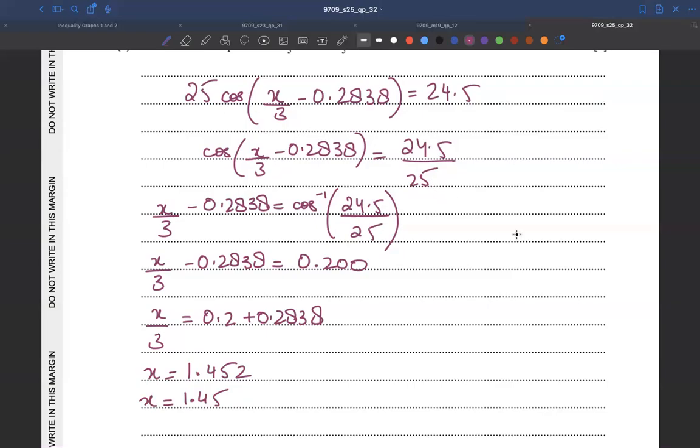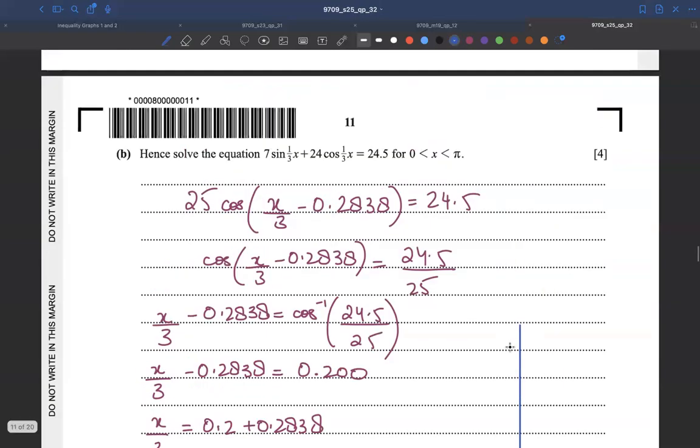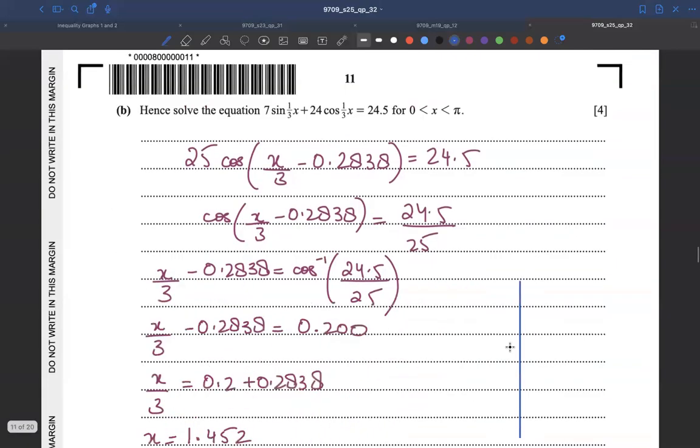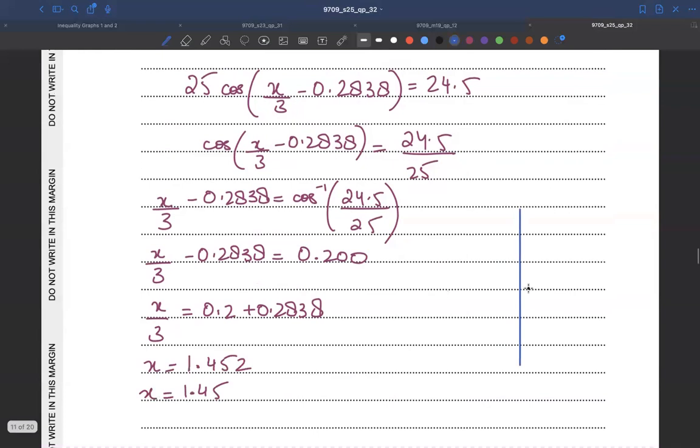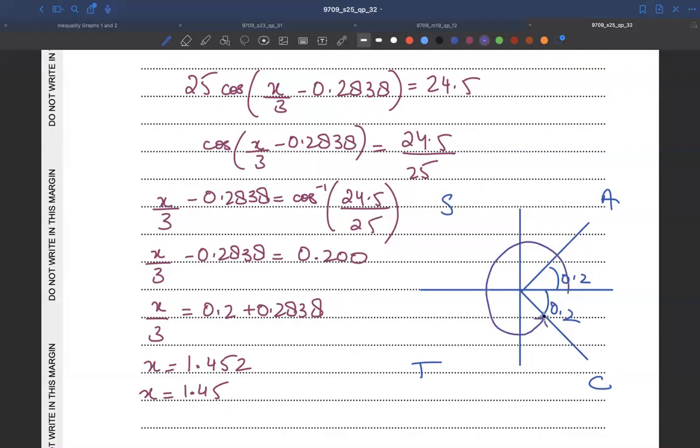Now, what we also know is that cos is positive in the first and the fourth quadrant, so this is x upon 3. So we make 0.2 over here and 0.2 over here. So the other angle would be 2 pi minus 0.2.